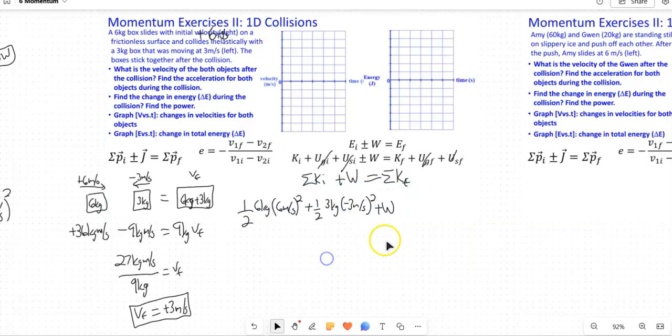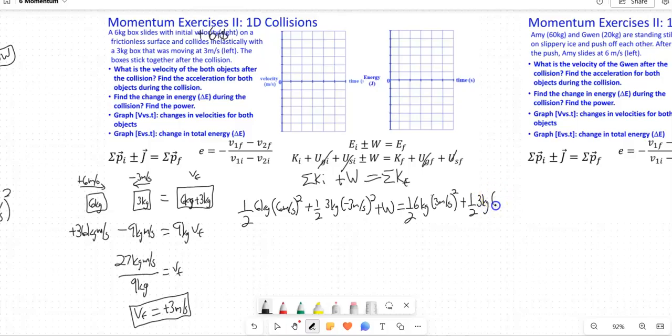Okay. That's going to be equal to the final kinetic energy for this 6 kilogram object. And they both have the same speed. But they do not both have the same kinetic energy. Just because they have the same speed, they don't have the same kinetic energy.